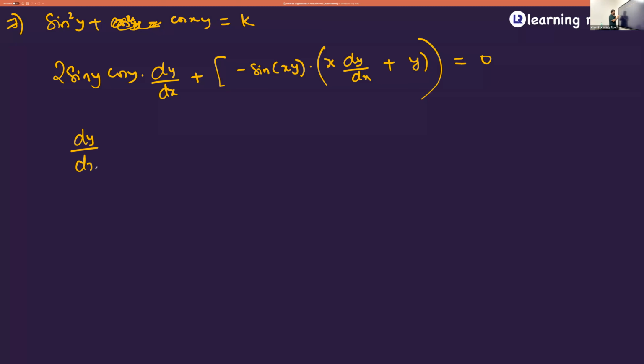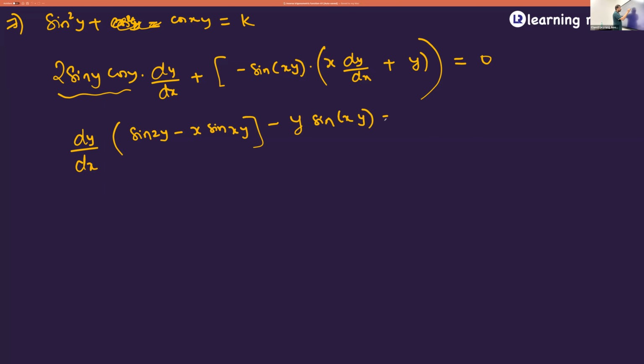If you take out dy by dx common, this can I write it as sine 2y? Right, this is sine 2y. Now what else can I combine? I can combine minus x sine xy with this. Then what is that you're left out with? Minus y into sine of xy is equal to 0.